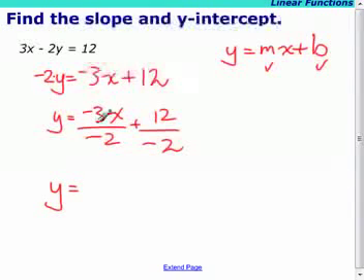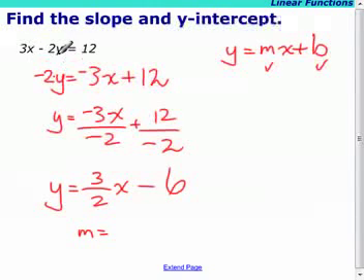Simplifying a little bit, I'll get rid of the negative signs there, and over here 12 divided by negative 2 is a negative 6. Therefore in this equation, my slope is 3 over 2, which means it's going to rise 3 and run 2, and my y-intercept is negative 6. Oh, whoops. Let me just erase that quick, sorry.